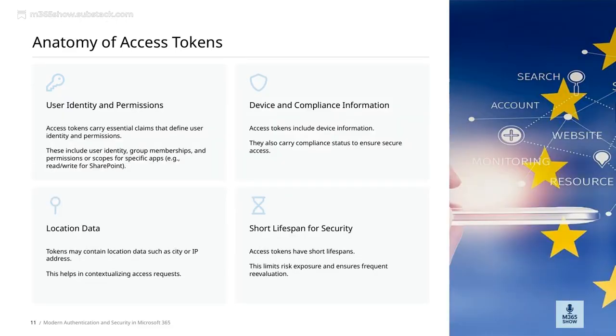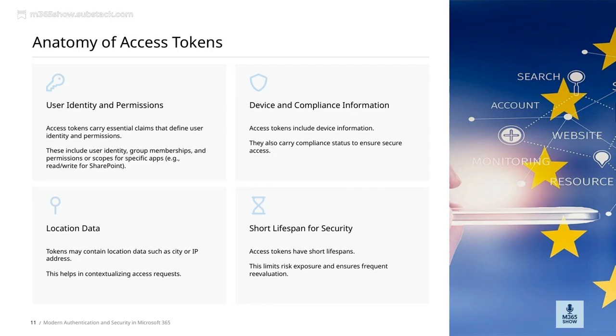Let's take a closer look at the anatomy of access tokens and how they support modern authentication and security in Microsoft 365. First, you'll notice that access tokens have short lifespans. This is a deliberate design choice to limit risk exposure and ensure that access rights are frequently reevaluated.